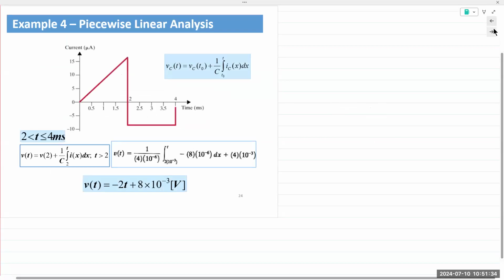Energy. Yeah, W stands for the energy, the rate at which work is done.